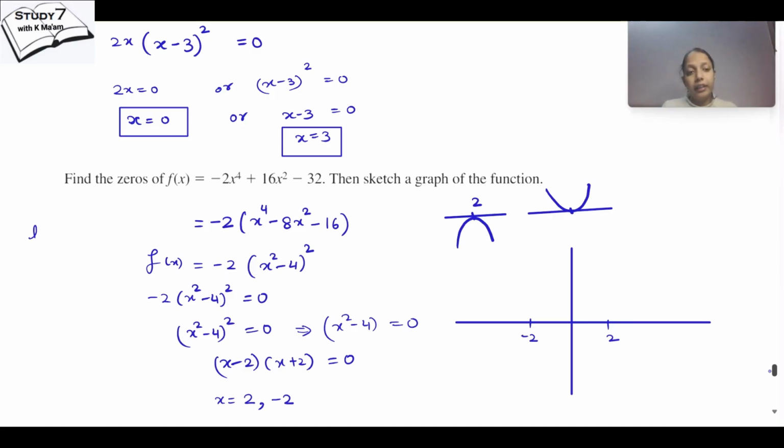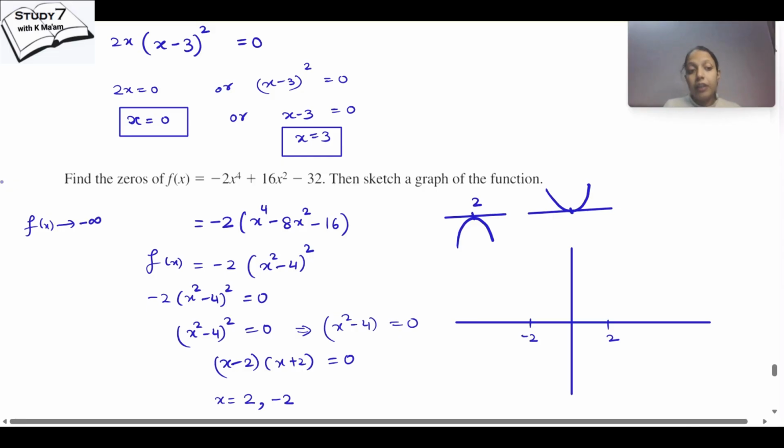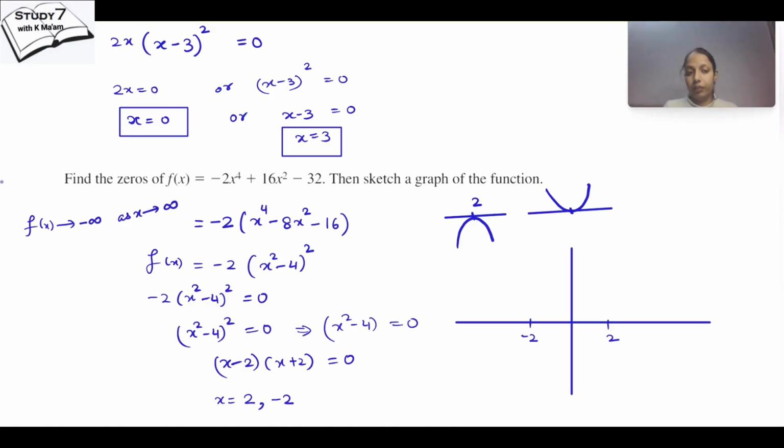Check the limit, or directly see where the function goes. The function will go to infinity to the power 4, infinity, times negative, so negative infinity. f(x) goes to negative infinity if you are going toward positive infinity.